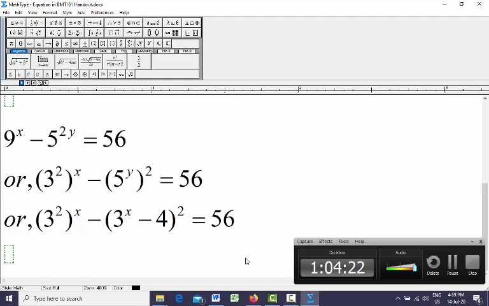So now what we have here is 3 to the power 2x, because we have a power inside the bracket and also a power outside the bracket.